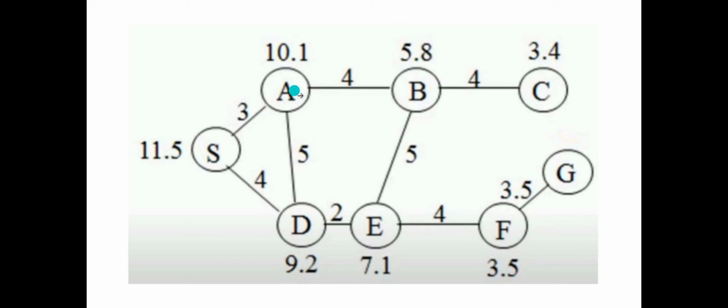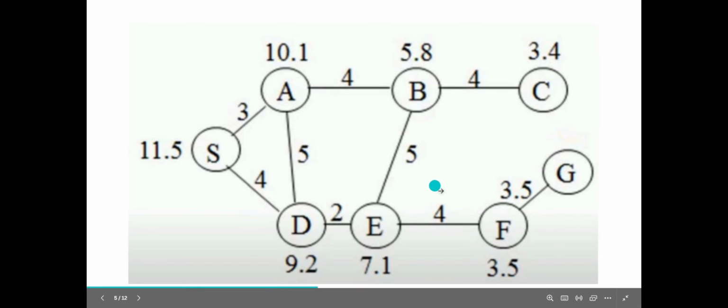S is the initial state and initial node, and G is the goal state. The 11.5 marked here is the heuristic value of S, which means the distance between S and G, and the same goes for every other node. Nodes like A, B, C, D are the intermediate nodes.